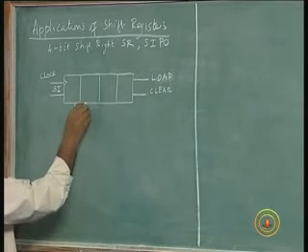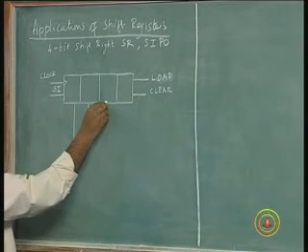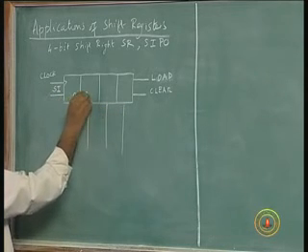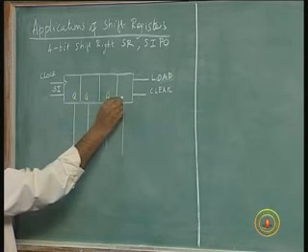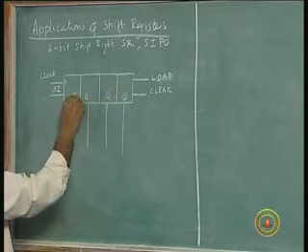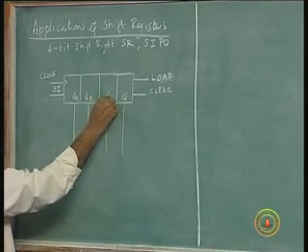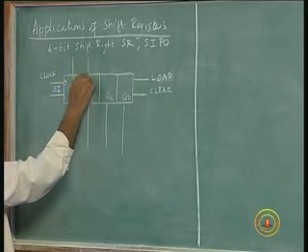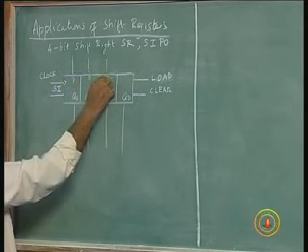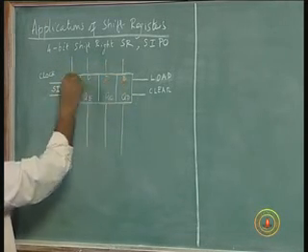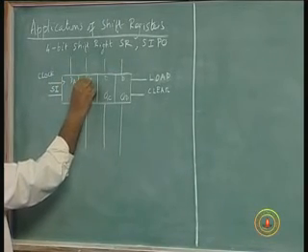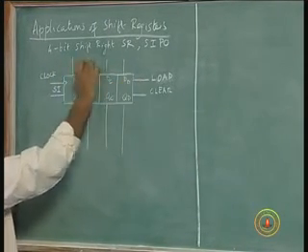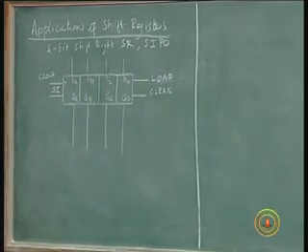So these are the parallel outputs, Q, call them A, B, C, D, and the parallel inputs are again A, B, C, D. First you put a pattern in this, load it.